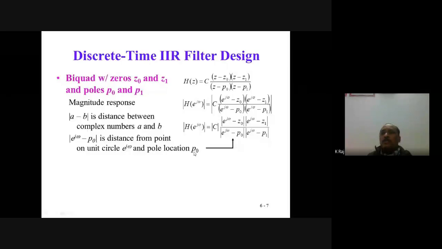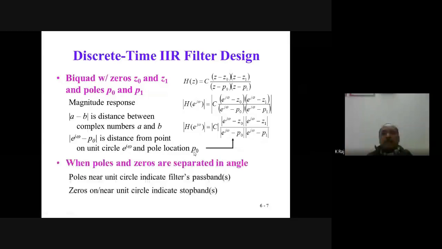And if we have located the poles, and they are near the unit circle, they indicate the filter's pass band or pass bands here.